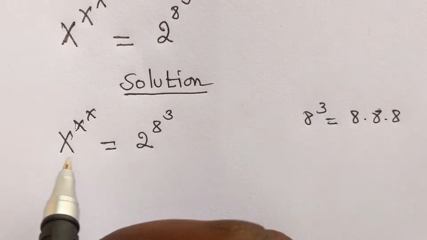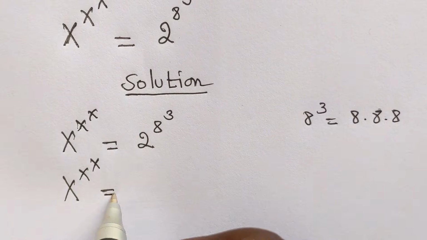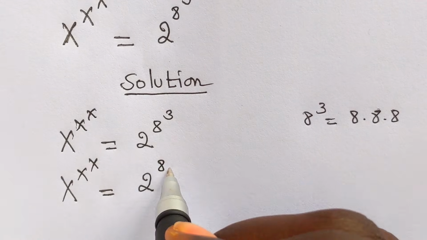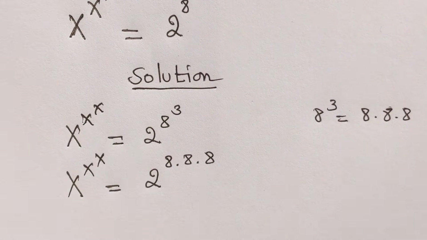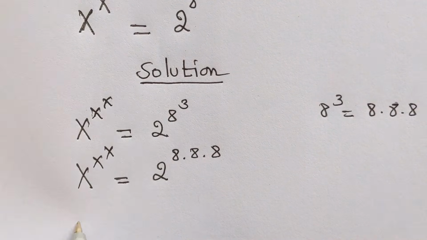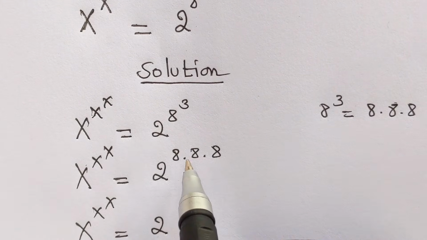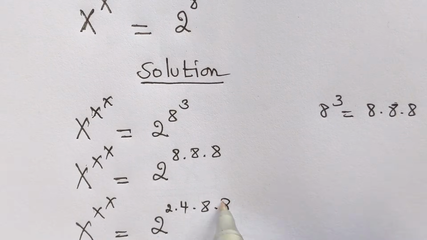And of course, right here we shall say x power x is equal to 2 power 8 times 8 times 8. Then x power x is equal to 2, and this 8 can be written as 2 times 4, then times 8 times 8.